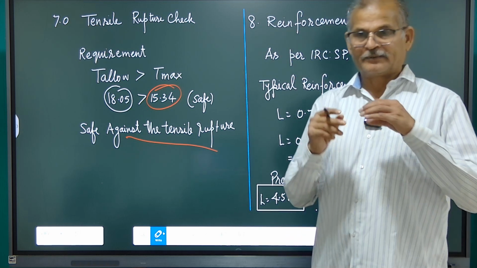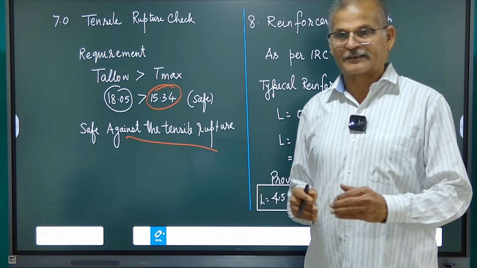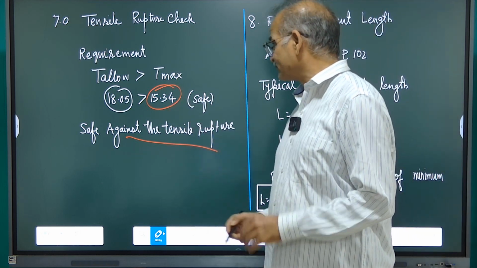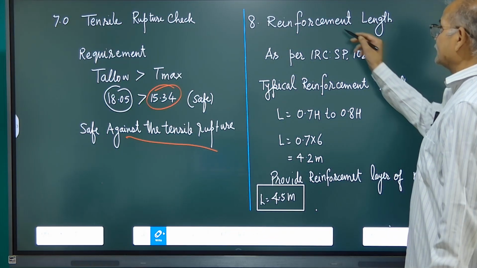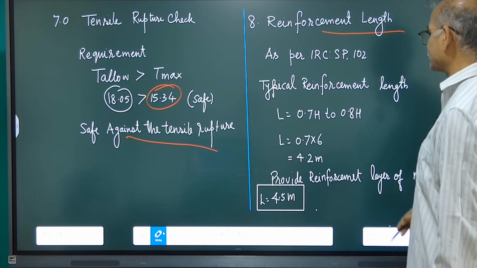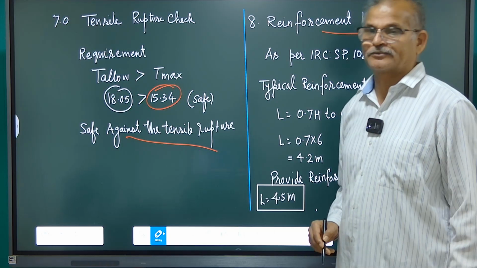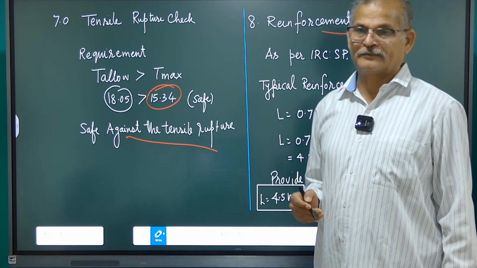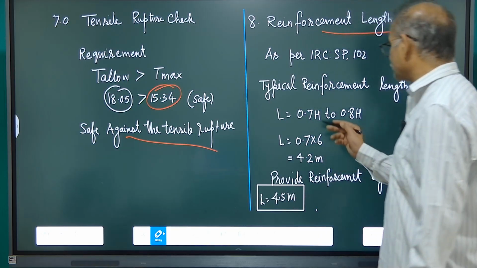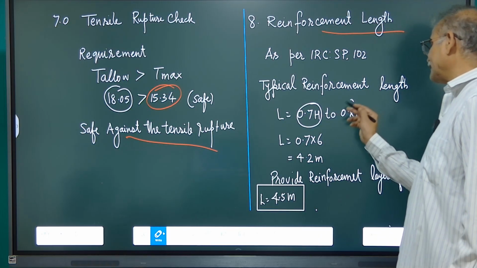Means even after the reduction factor, it is still showing only 15.34, hence it is more safe. Now we need to find out the reinforcement length. Reinforcement length should generally be given in the IS 15891, that it should be 0.7H to 0.8H.